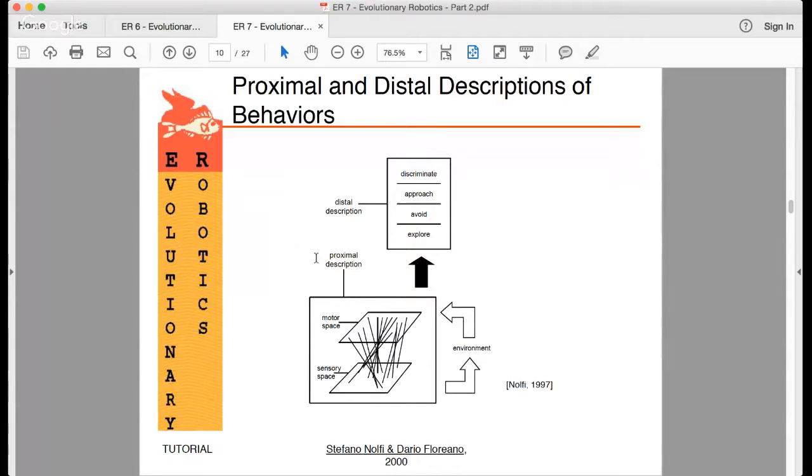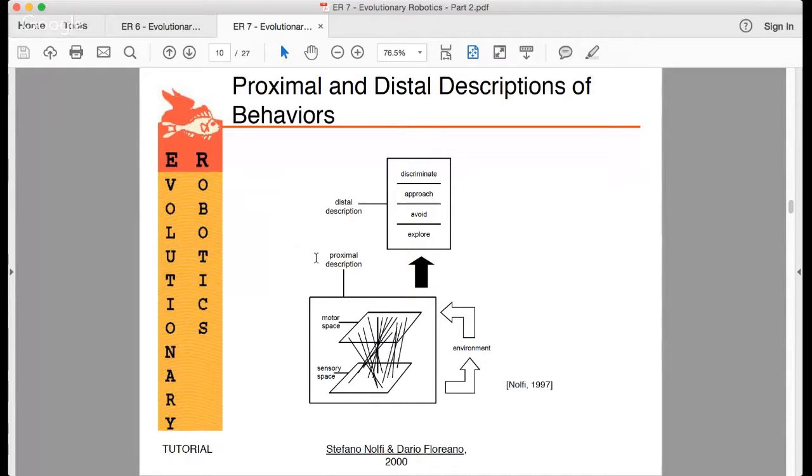The proximal description of behavior is a description from the point of view of the agent's sensory motor system that describes how the agent reacts in different sensory situations.